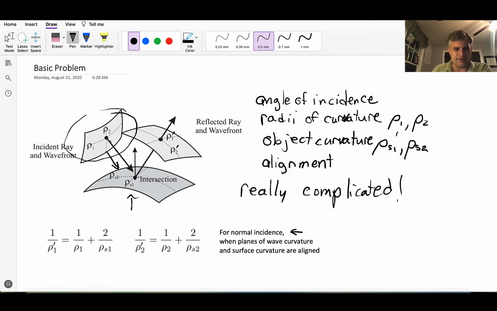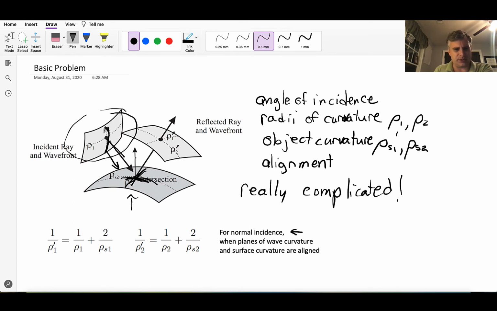That is, if I drew a plane through the surface normal that was aligned with where I've measured rho S1 and also rho S2, rho S2 would line up nicely with the radii of curvature and the surface normal that I've defined the incident wave.